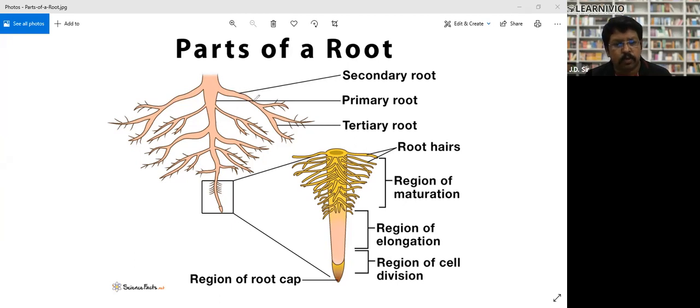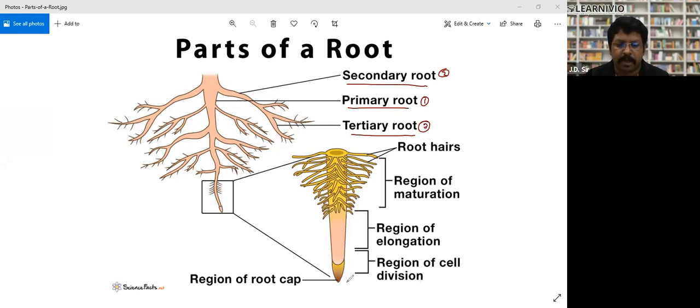The basic main root is called the primary root, and from this main root there are some side branches arising. These are called secondary roots. Then the secondary roots give rise to a third type of branches, and these are called tertiary roots. And in the apical part, a few centimeters is called the root hair region.